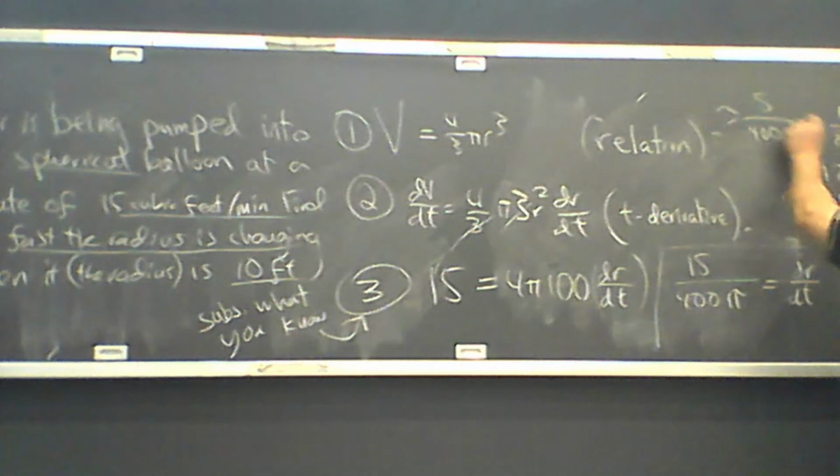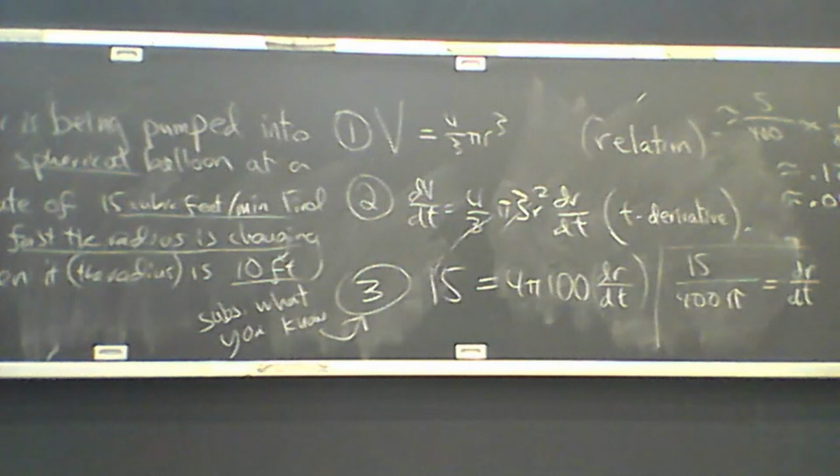These are all approximations. Okay. So what's that? That's about 1/100th of a foot, right? 1/10th of a foot is about 1.2 inches, right? So 1/100th of a foot is about 1/10th of an inch.